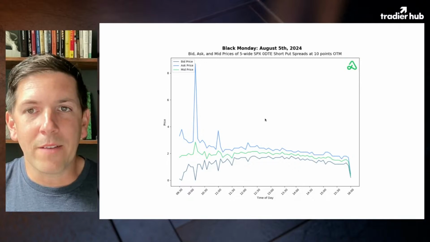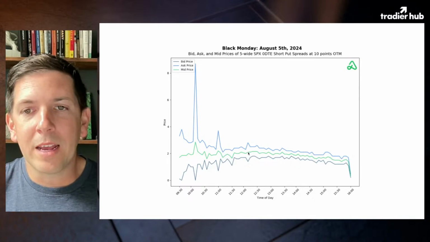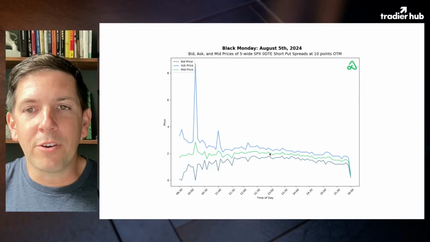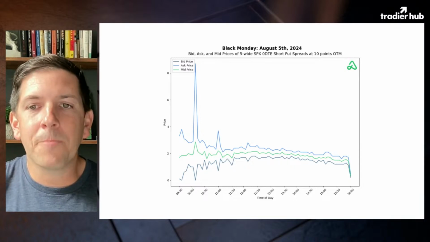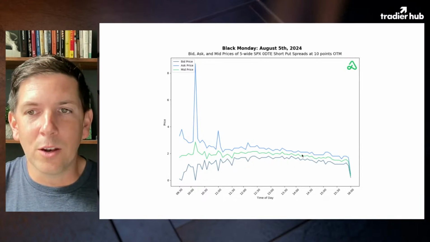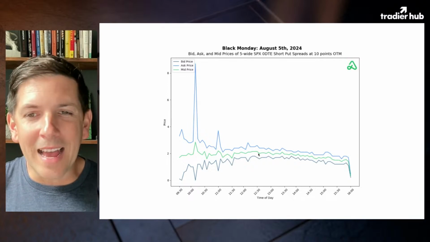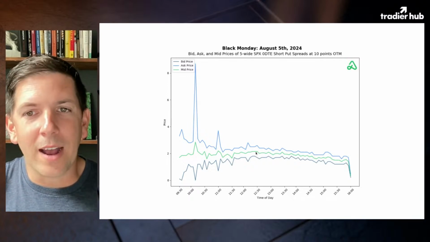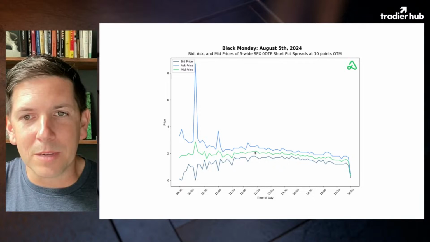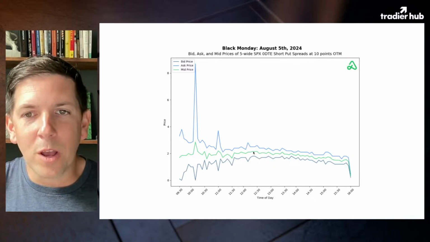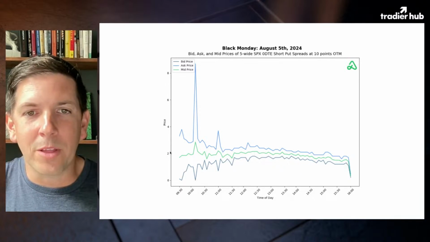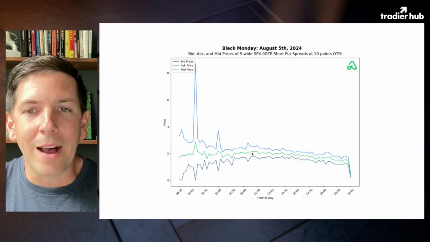This particular $5 wide spread is very, very wide. But once you get to the afternoon hours, things calm down a little bit. And then you start to see a little bit of that decay materialize. Now, it's not a lot. You have to almost squint your eyes to see it, but you do see some decay from, say, about 12:15 or so. The premium on these out of the money positions was about $2.